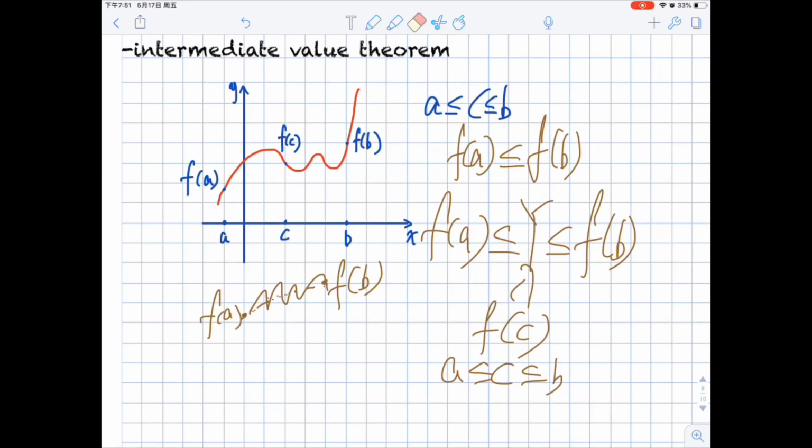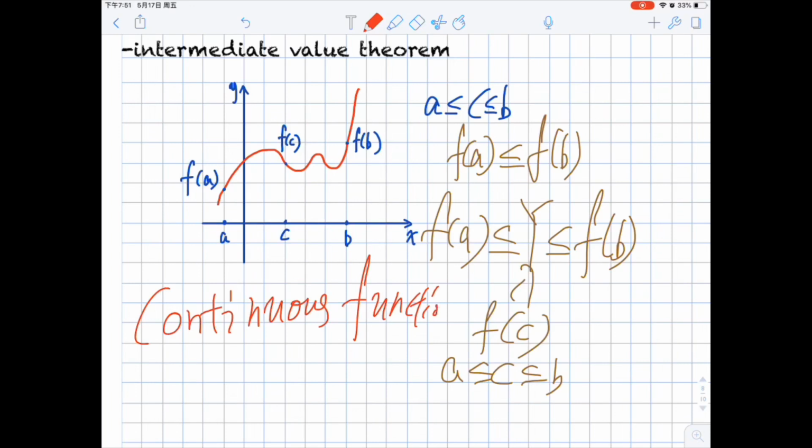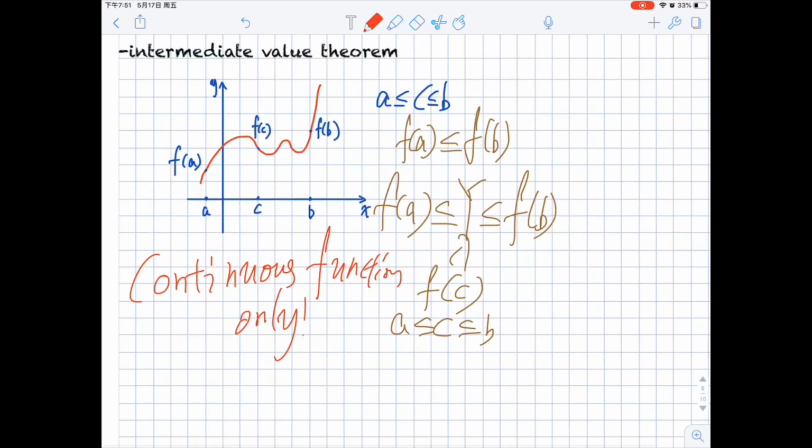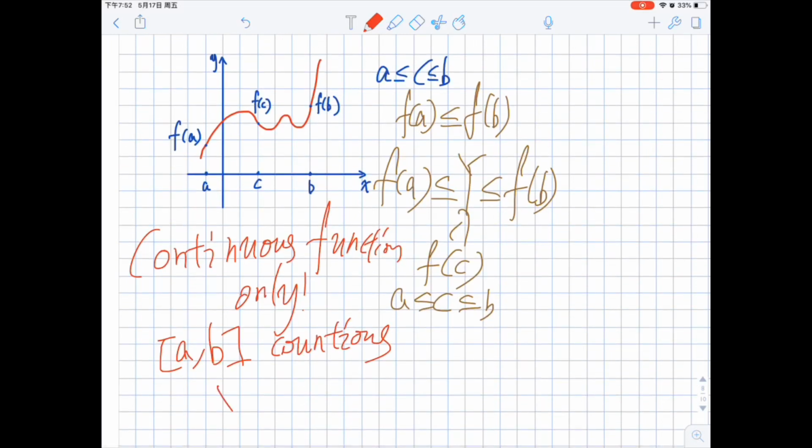And this intermediate value theorem only works for continuous functions, that is, if the function is continuous in this interval here.